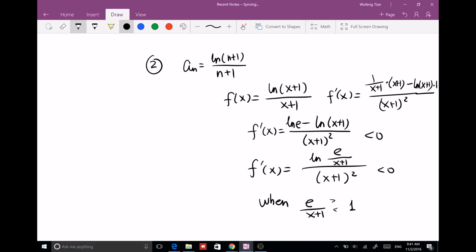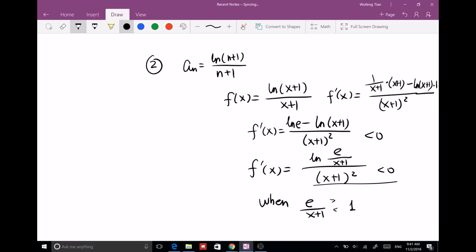Right? So is it bigger than 1 or less than 1, if this is negative? Anyone? Less than 1, very good, okay.